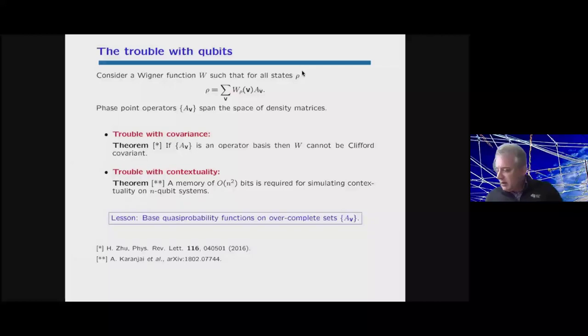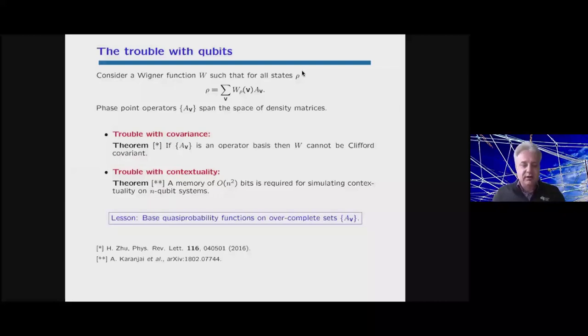Now an important distinction arises whether these operators form an operator basis, that is, they are minimal, or whether they are not minimal. A priori you want them to be a minimal set, you want them to be a basis, but if you require that, then it has been proven that the corresponding Wigner function cannot be Clifford covariant.